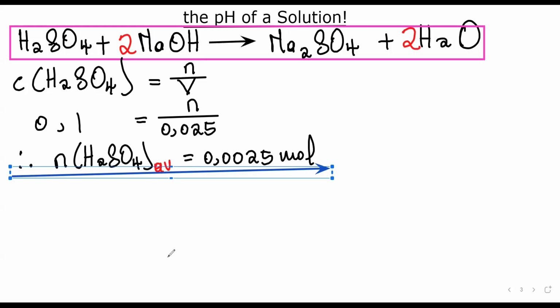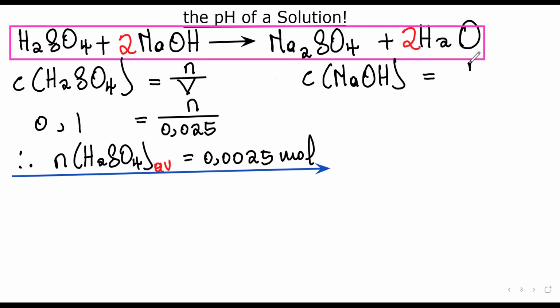Now we find the number of moles for sodium hydroxide. But once again, we need to define the concentration of sodium hydroxide. And we understand that it's defined as the number of moles divided by the volume. And what they tell us here is they have the same concentration. That is nice. But the volumes are not the same.